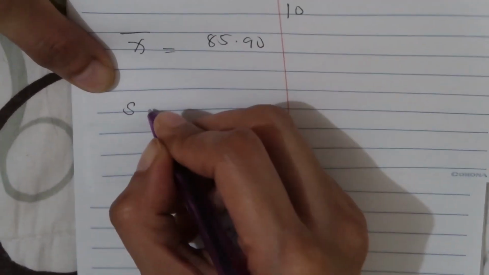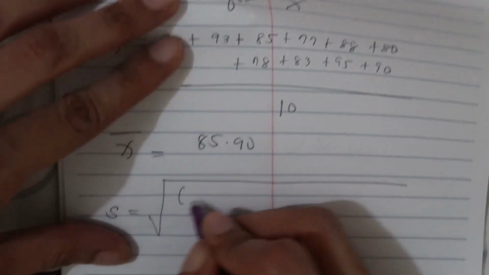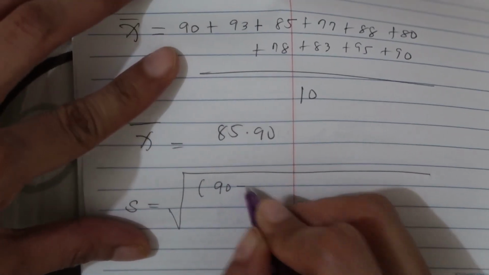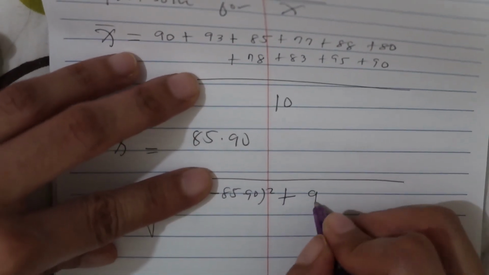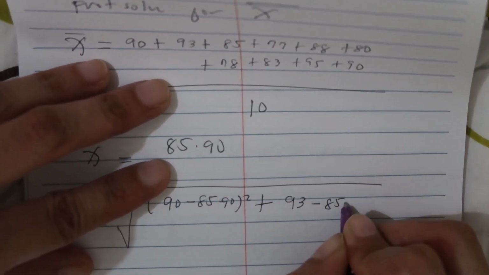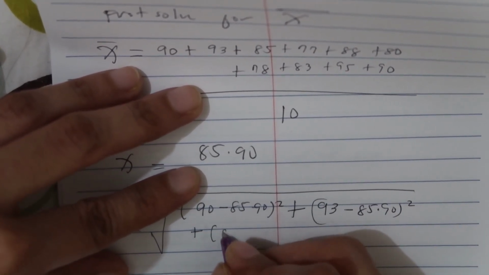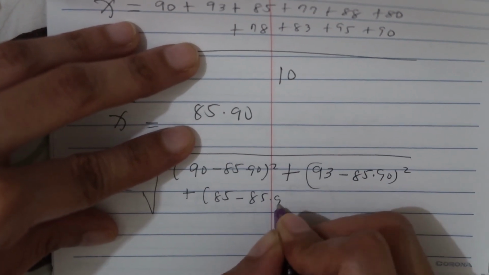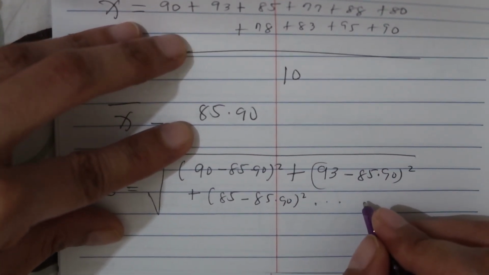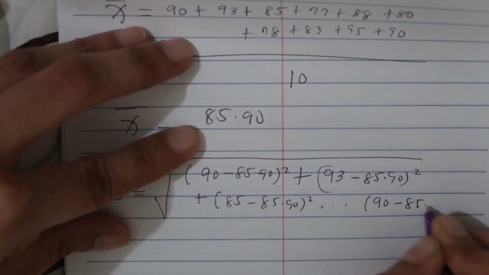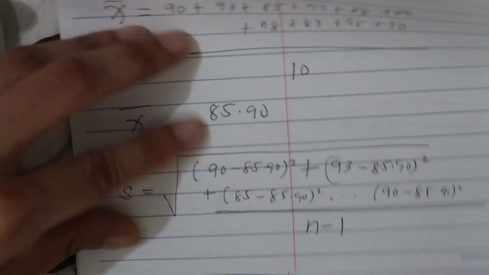So s is equal to the square root of 90 minus 85.90 squared plus 93 minus 85.90 squared plus 85 minus 85.90 squared, and so forth up to 90 minus 85.90 squared, divided by n minus 1.